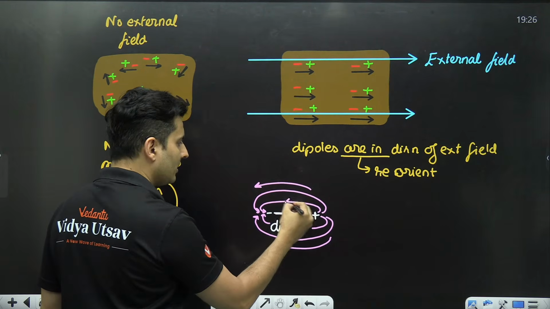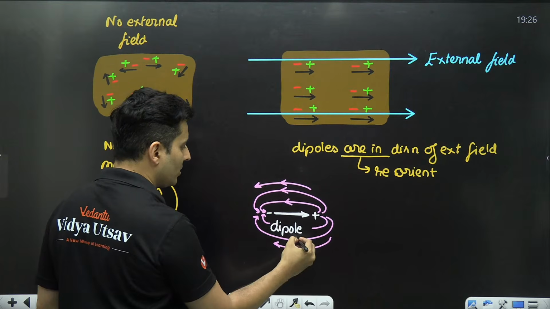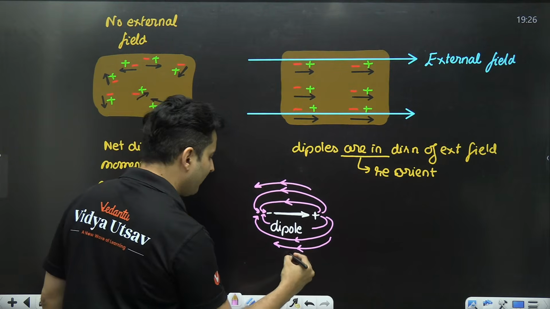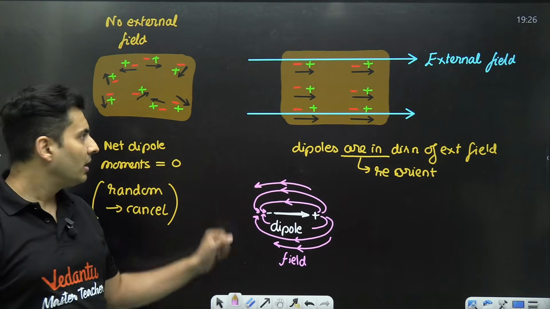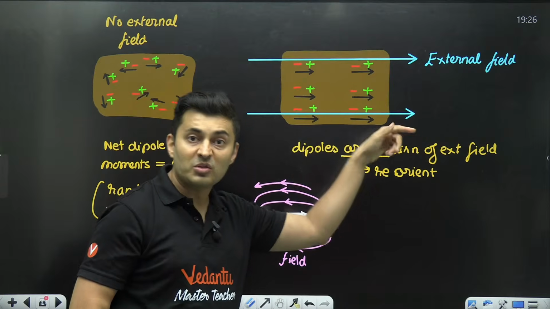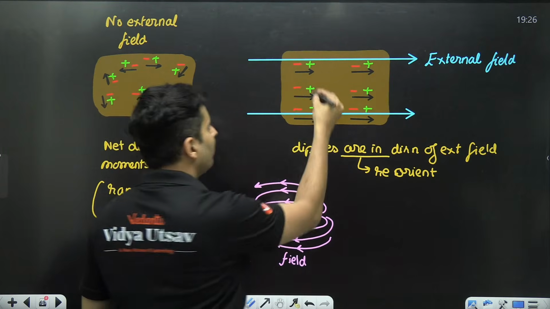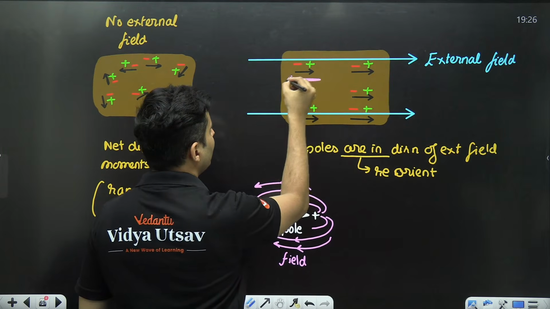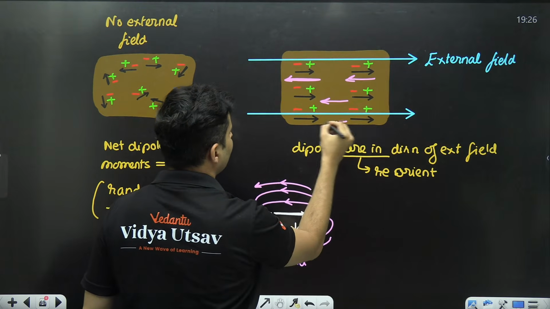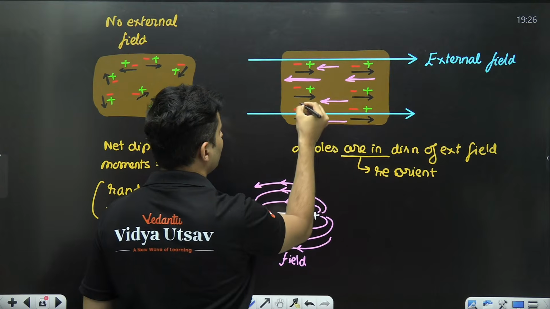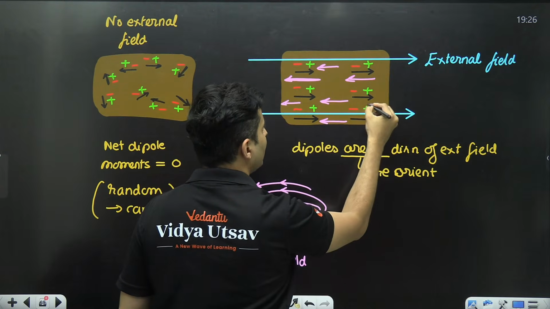So can you see, if the dipole is oriented towards your right hand side, the field by the dipole is exactly opposite to it. So when the dipoles are oriented in this way, the field will be in exactly opposite direction, guys.